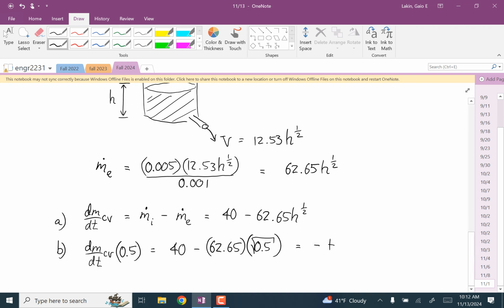So negative 4.3. And that's kilograms per second.